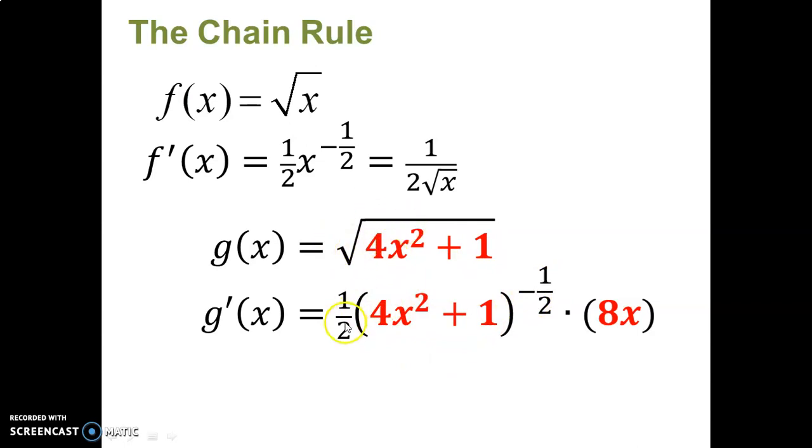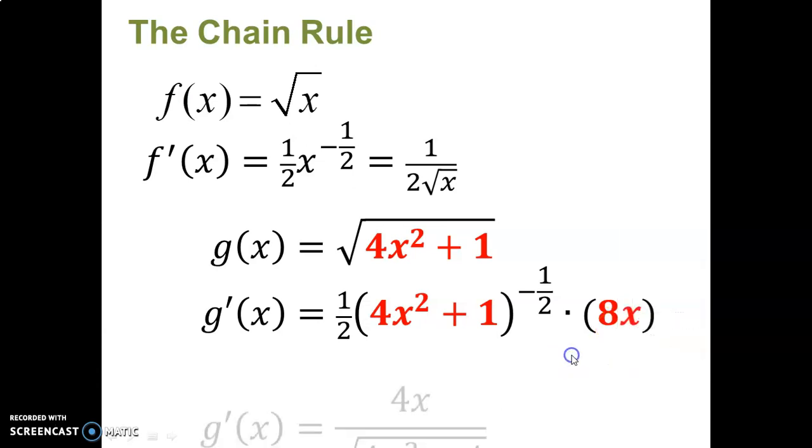So we're just dealing with the outside function first by power rule. And then by chain rule, we have to multiply by the derivative of the inner function, the one that's in there. So that's 8x. The derivative of that is 8x. So that is the derivative of this by chain rule. The outside function, keep the inner one there, and then multiply by the derivative of the inner function.